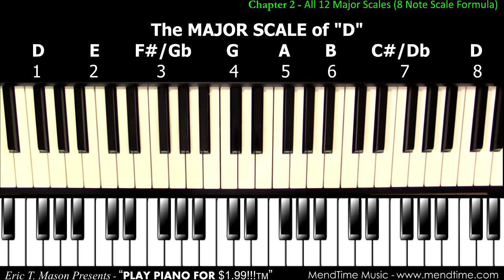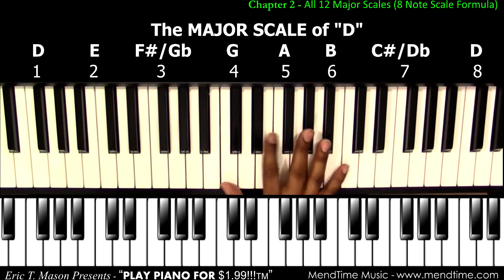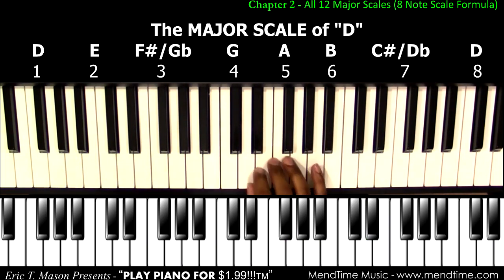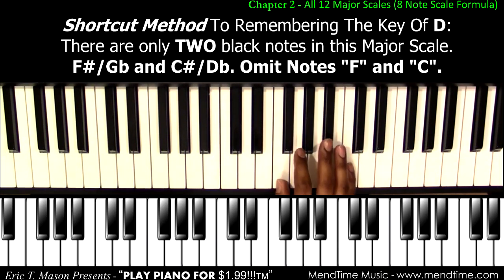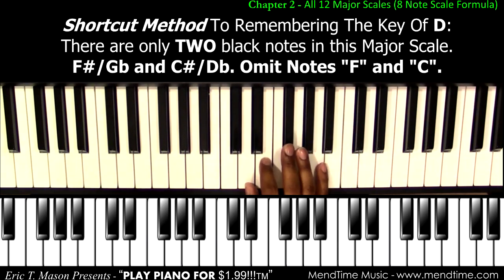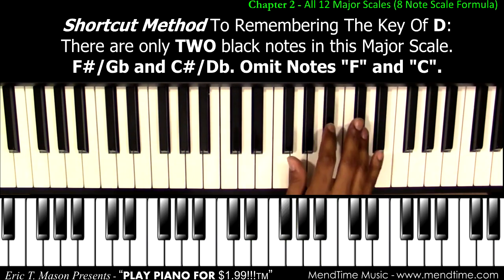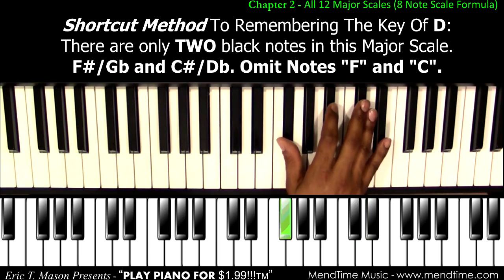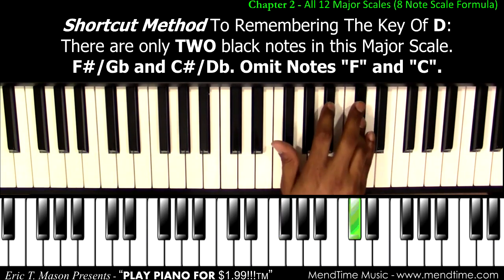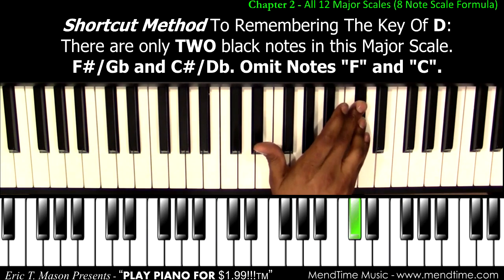So, in the same way we've identified the key of C as being all the white notes, and the key of C sharp, D flat as only having 2 white notes, the key of D only has 2 black notes, F sharp / G flat and C sharp / D flat.